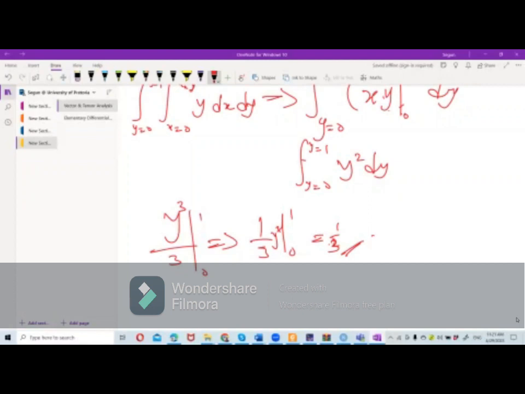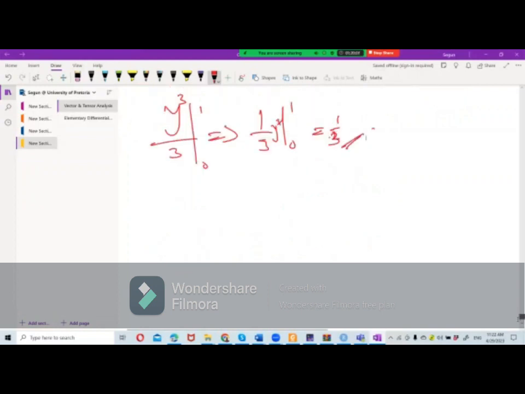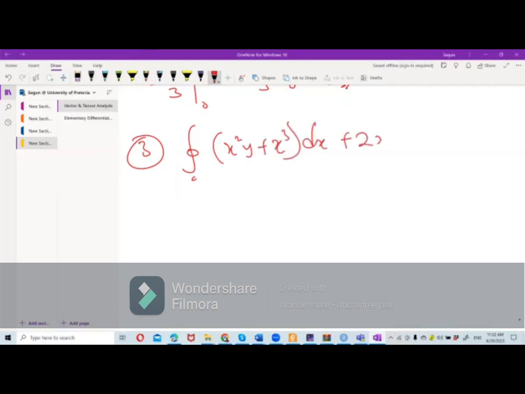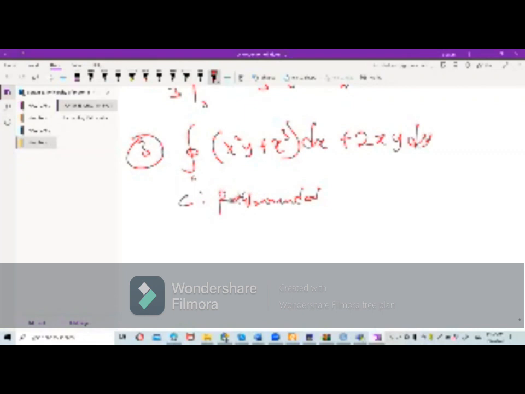But I want you guys to solve this one before we call it a day. Just make sure you try it. Solve it. Integral C of x squared y plus x cubed dx plus 2xy dy. And your part is bounded.